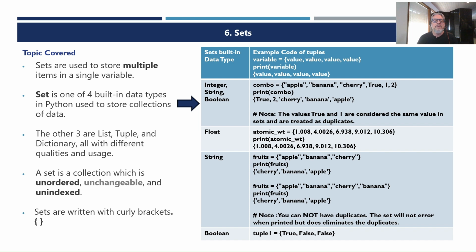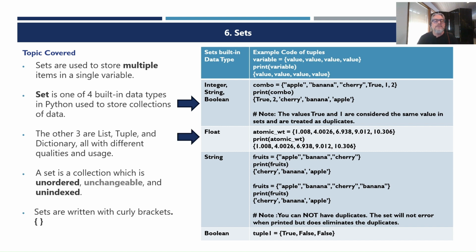If you look below, combo is the variable, and apple, banana, cherry, true, 1, and 2 are all values. Apple, banana, cherry are strings. True is a boolean. 1 and 2 are integers. That's absolutely fine. You can mix and match data types within a set.